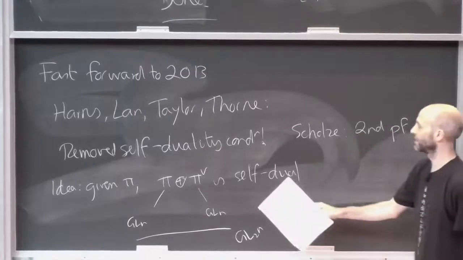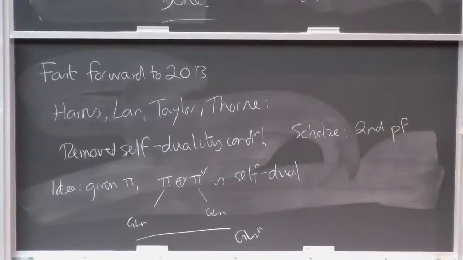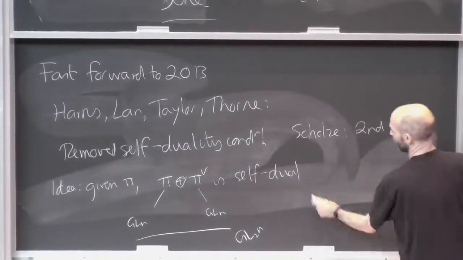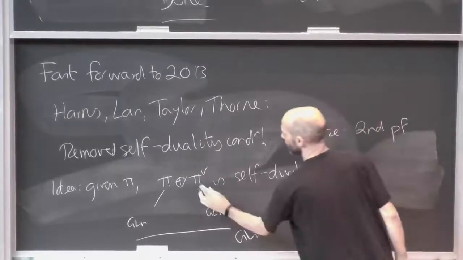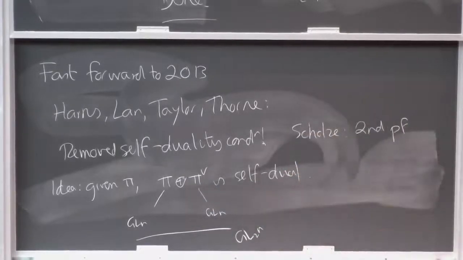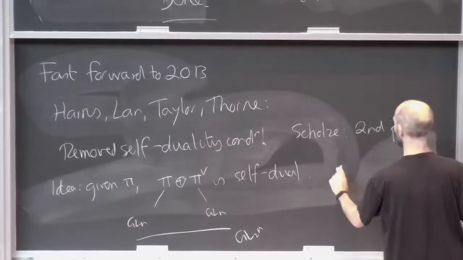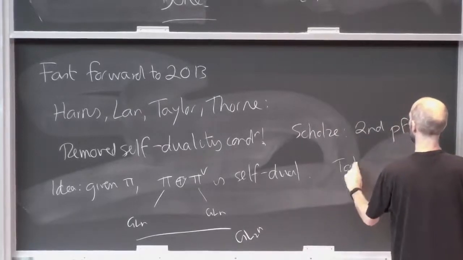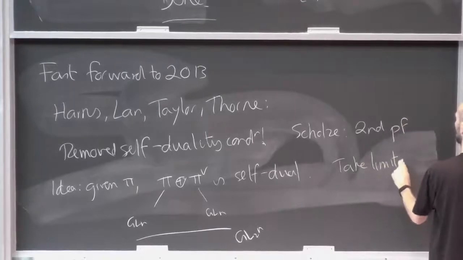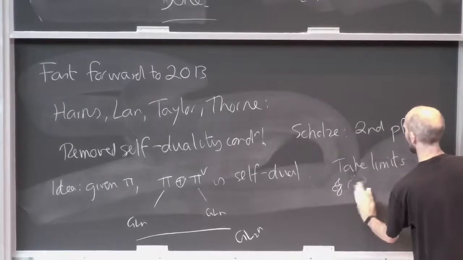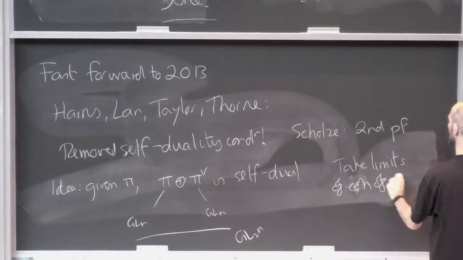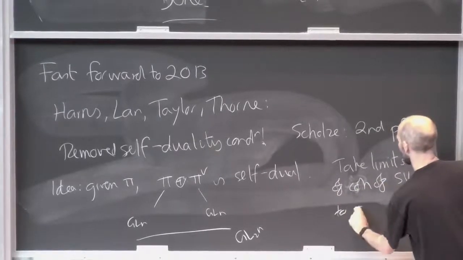So this addition is some slightly subtle thing. So that's self-dual. So use the cohomology of Shimura varieties, and the cohomology of Shimura varieties doesn't quite work, but it gives you somehow representations which are close to the representation you want. So then it turns out you have to take limits, right? At the end, take limits of cohomology of Shimura varieties to get the rho you want.